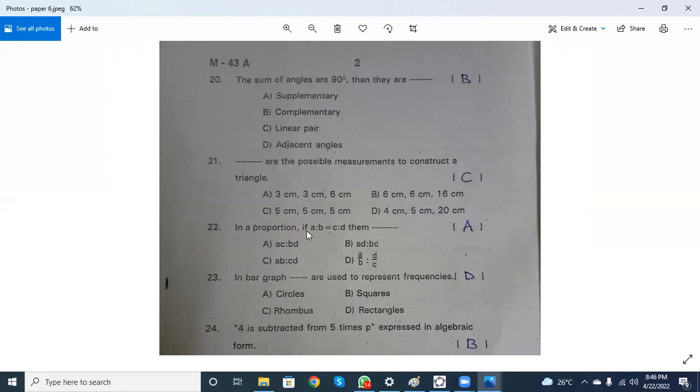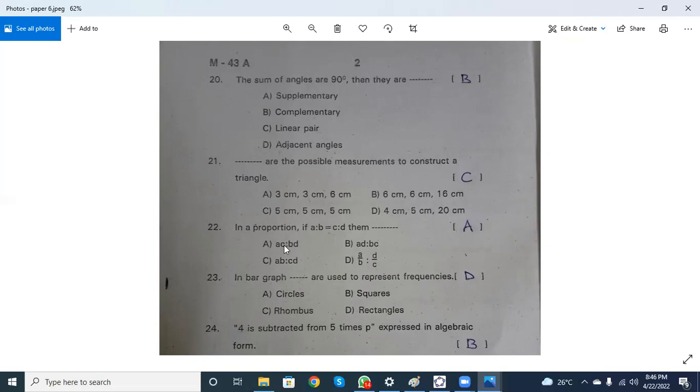Next. In a proportion A is to B is equal to C is to D, which satisfies? A is to B is equal to C is to D means we can write it as A by B equal to C by D. Which is nothing but AC by BD.